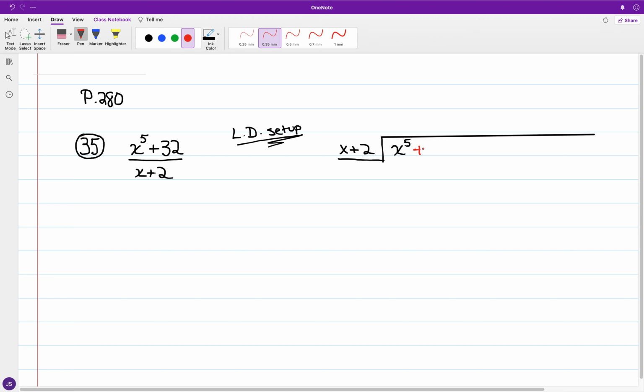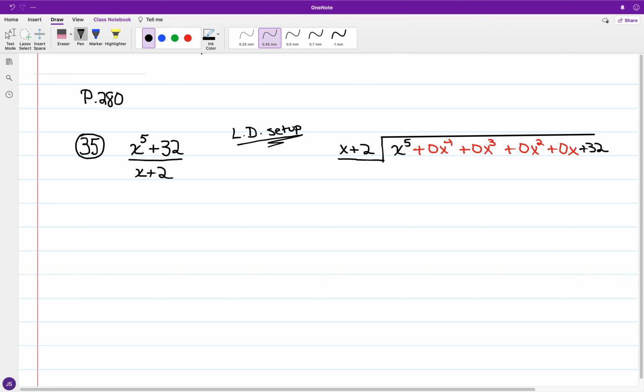So we're going to have quite an array of 0 placeholders. We have 0 for x to the fourth, 0 for x cubed, 0 for x squared, and also 0x. And again, the dividend closes out with a constant.